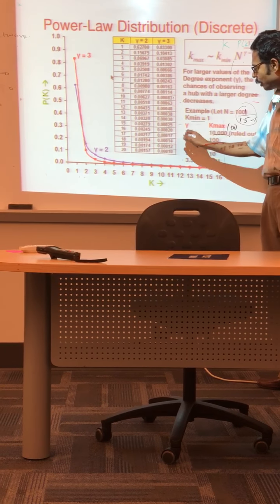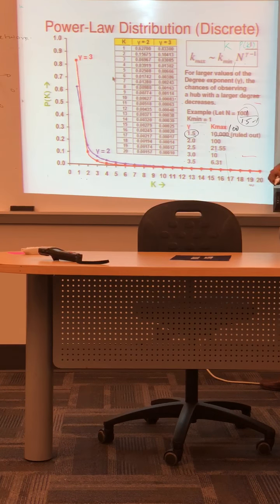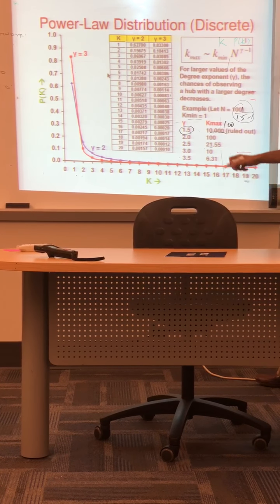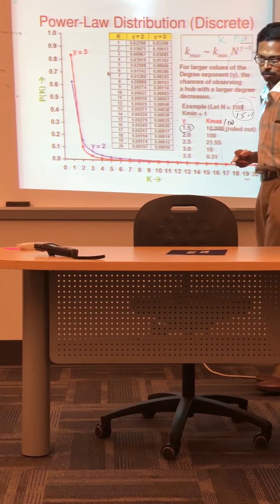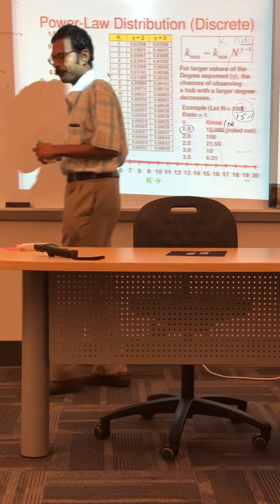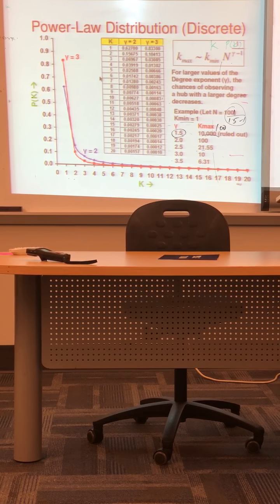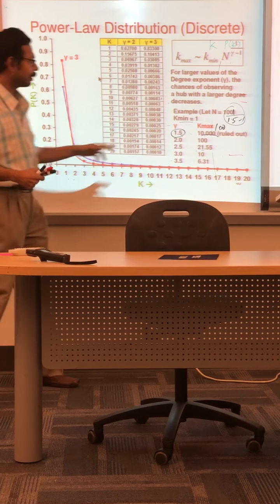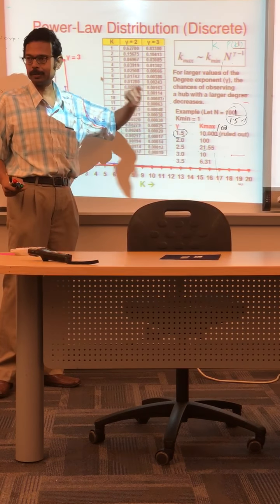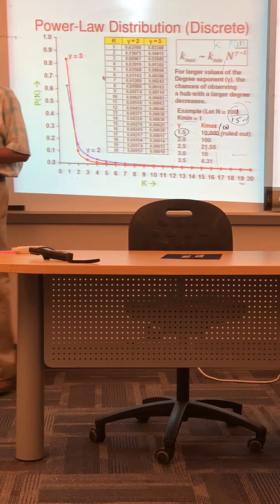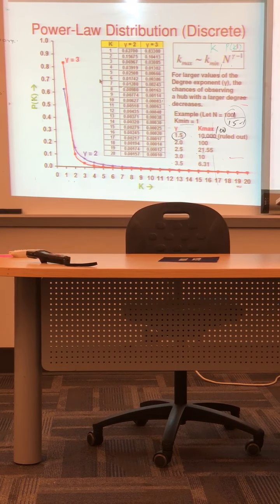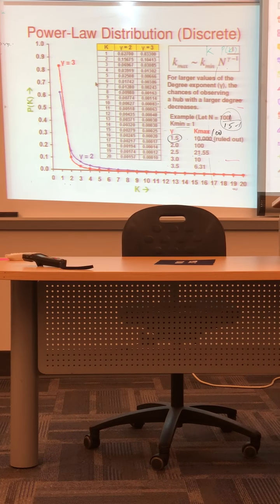So the problem is because of the value of gamma. Gamma less than 2 is not realistic. Gamma should be more than 2. It cannot be even 2, because 2 means you get k max 100. So it has to be slightly above 2. Does that hold only for this example because your n is 100?